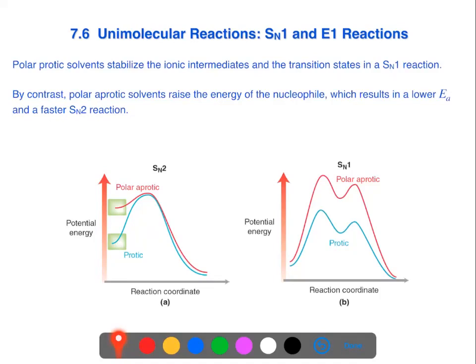So solvent does play a role in both substitution mechanisms, but they have opposite effects. You prefer a polar protic solvent, you want the hydrogen bonding donor ability of water and the alcohols, for an SN1 reaction, because that helps to stabilize the carbocation and leaving group anions that are formed. Whereas for SN2, we don't want that same stabilization of the incoming nucleophile. We want the nucleophile to be free to react with the substrate.